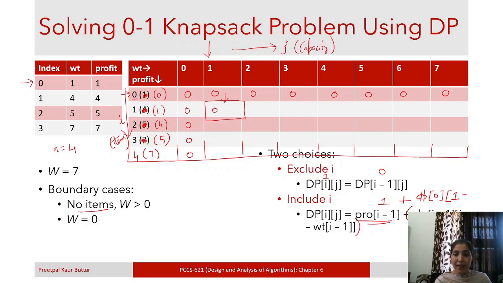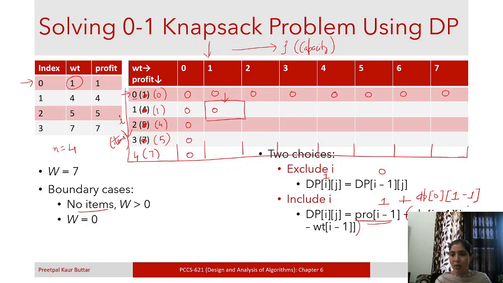Weight of the ith item is weight[i-1], means you are looking into this array, at index i-1, its weight is stored. Just like at index i-1 its profit was stored, similarly at index i-1 its weight is stored. So its weight is 1. So it means after picking this item, the weight which is left is 0.